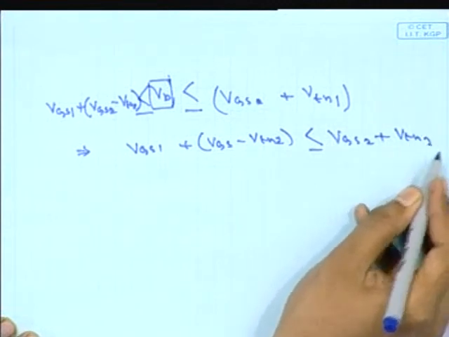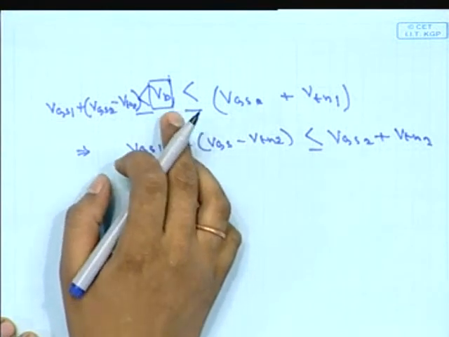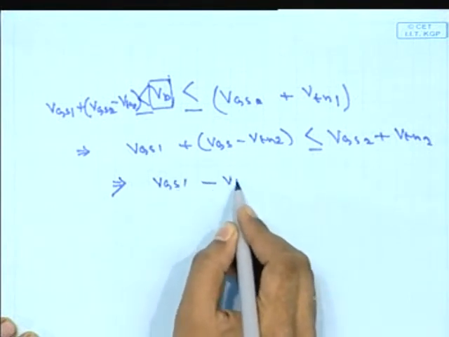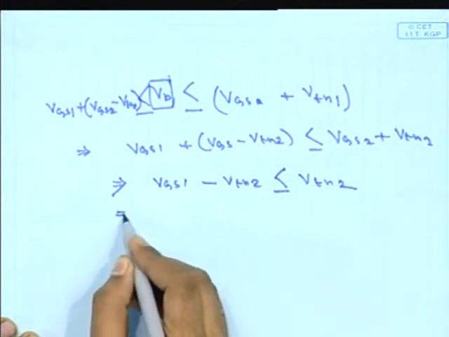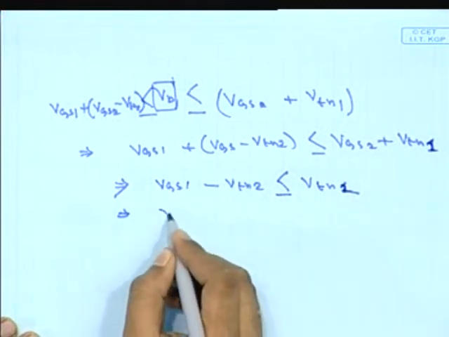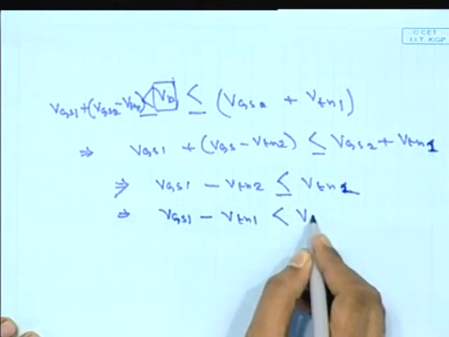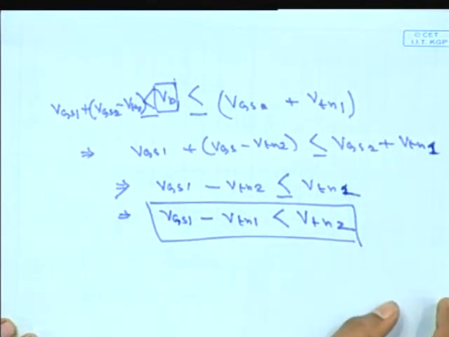It is obvious, because if there is a band between these two values, then we will find a value for VB. From that, VGS1 minus VTH1 should be less than VTH2. This is the main criterion for this circuit, so that both of the transistors will be in the saturation region.